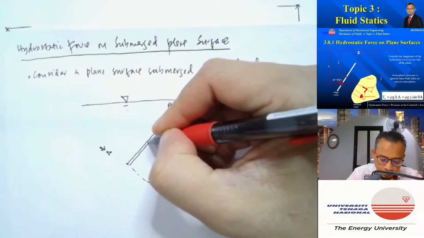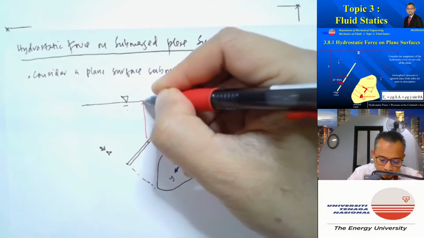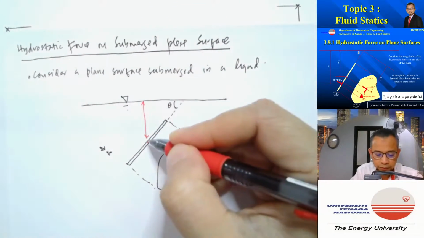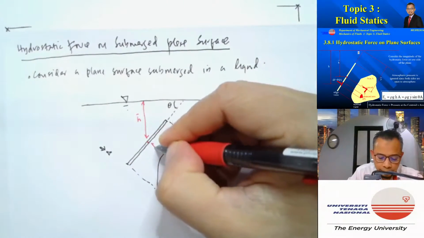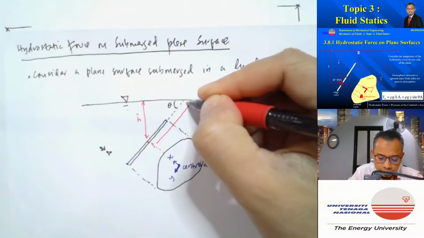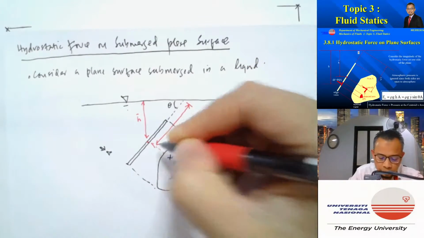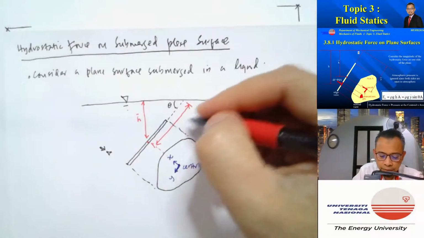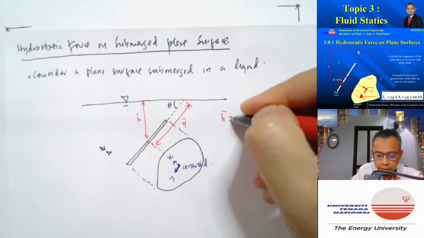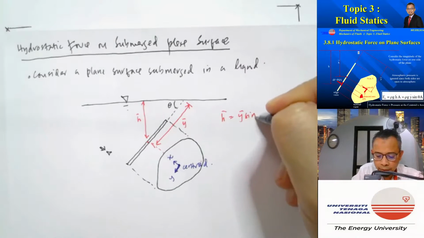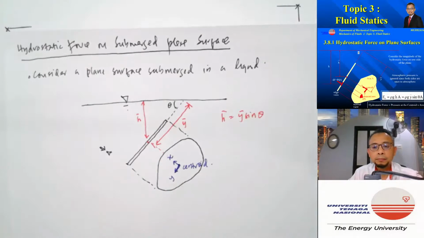And then I'm going to define the vertical distance of the centroid from the water surface as h bar, and the slanted distance of the centroid to the water surface is equal to y bar. So we can see that h bar is equal to y bar sine theta.